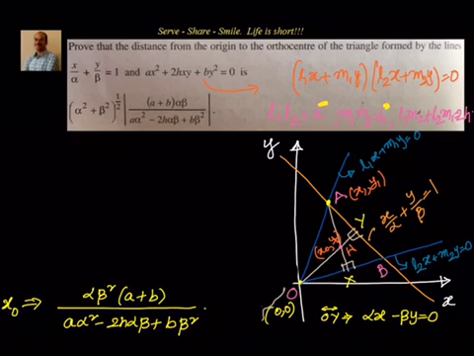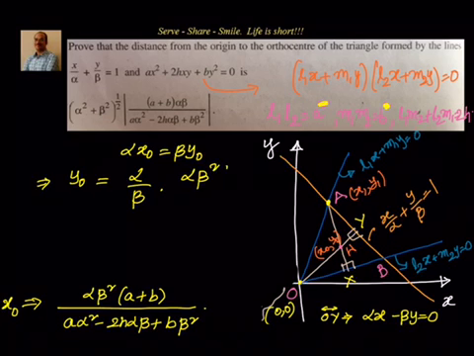We know that alpha x naught is equal to beta y naught. Therefore simply by that we know y0 is equal to alpha by beta into x naught, which is nothing but alpha beta square into (a plus b) divided by (a alpha square minus 2h alpha beta plus b beta square).